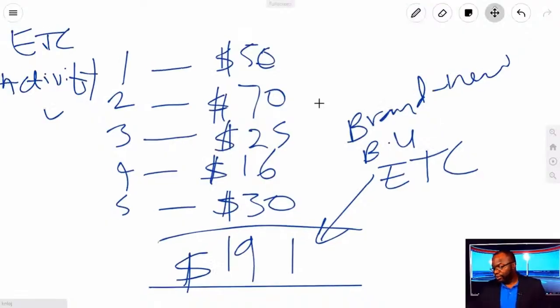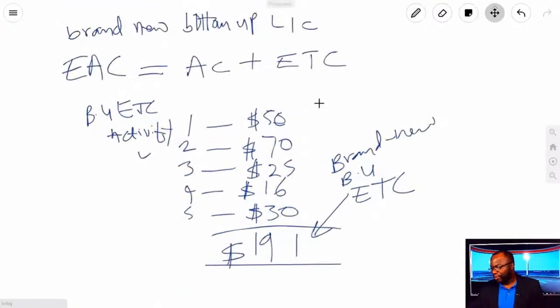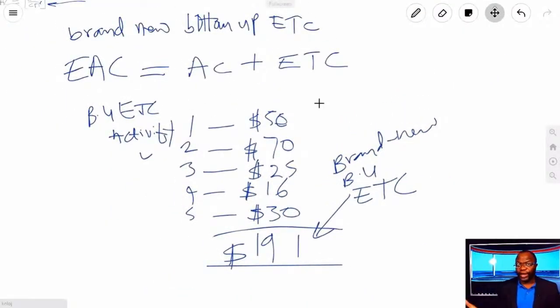That, folks, is how you do the final formula I believe our friends at the PMI have put into figure 7, table 7-1. So if you're taking a look at page 267, you can see the third formula there under the EAC row.